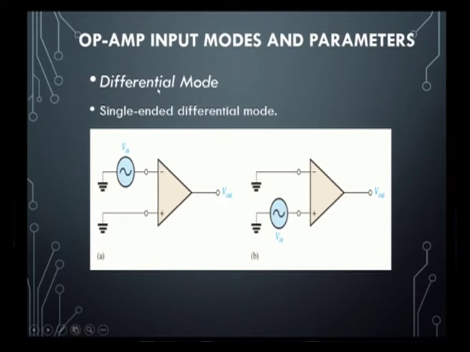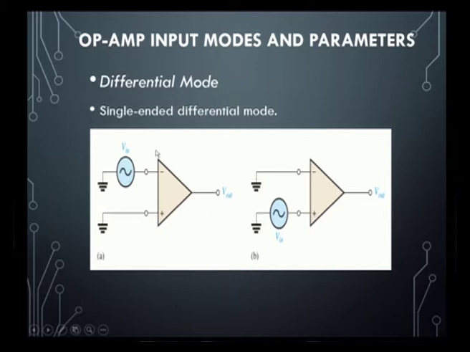In the differential mode, we are discussing here the single ended differential mode. In the single ended differential mode, we are going to give a supply to one of the inputs, not for the two. Here we can observe in figure A we are giving the supply to the inverting terminal, and in B we have given the supply to the non-inverting terminal.